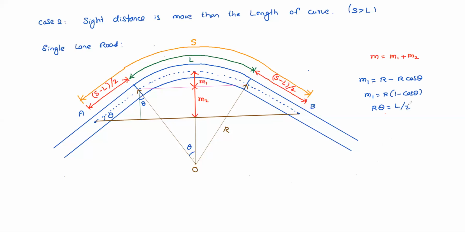R theta equal to L by 2. You can check, okay? L is the length of that arc, I mean length of the curve actually. So R theta equal to L by 2, theta in radians equal to L by 2R.